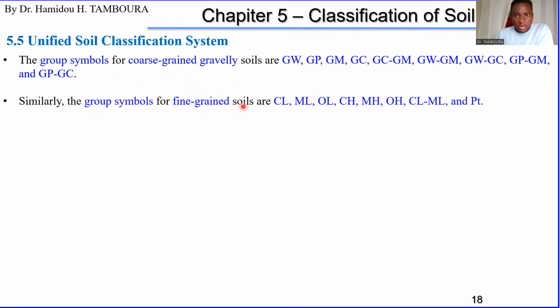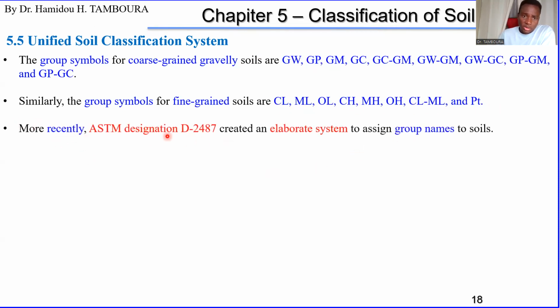For the fines, we have this, and don't forget this double symbol in case the plasticity index is between 4 and 7 for fine-grained soil. So these are the symbols for fine-grained soil.